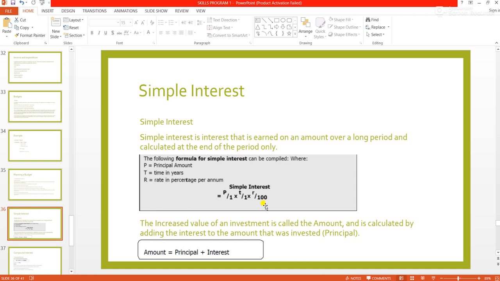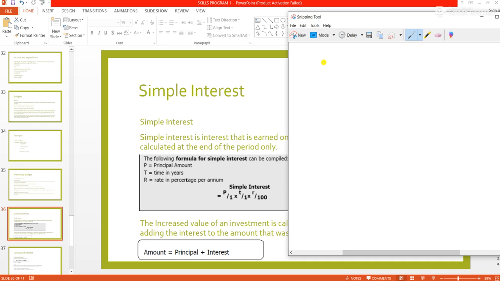I'll just go through an example with you. Let's say you are given 5,000, and in this 5,000 that you are given, you are supposed to pay interest.